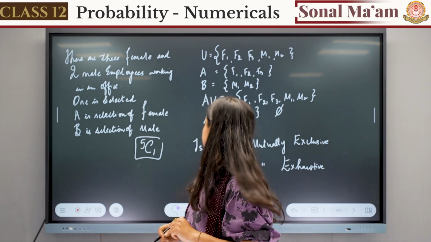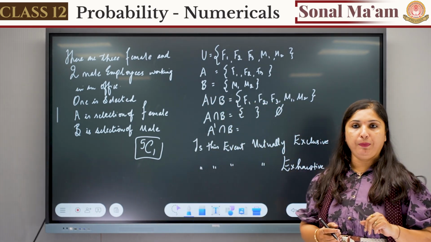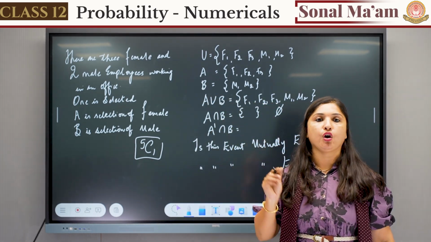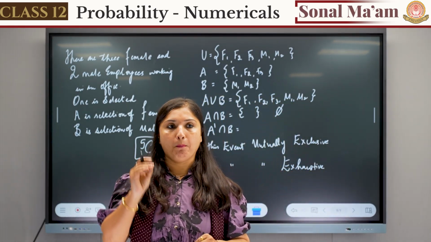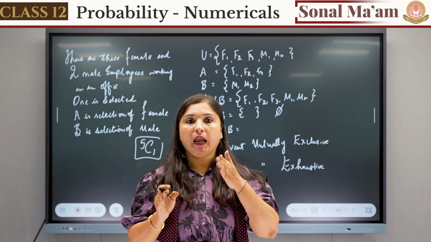Fine. Next is A complement intersection B. A dash is what? When it is A complement, what does it mean?